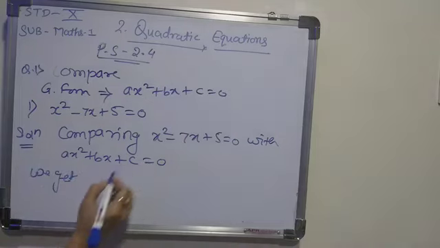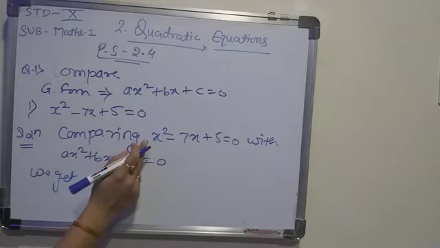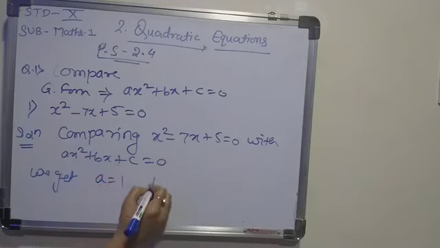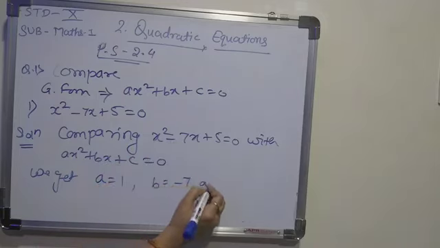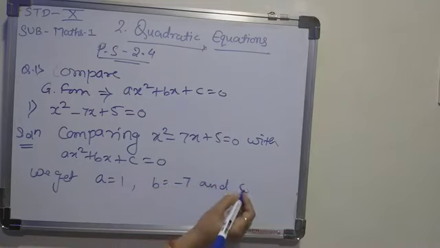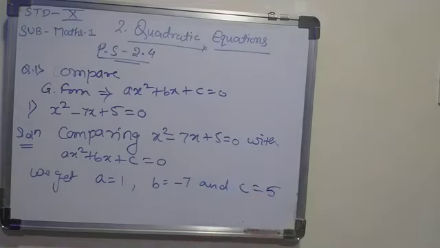Here a means the coefficient of x square, there is no number, so it's 1. For b, you have the minus sign, so you write minus 7, and c means the constant, which is 5. So this is how you are going to solve question number 1 of practice set 2.4.